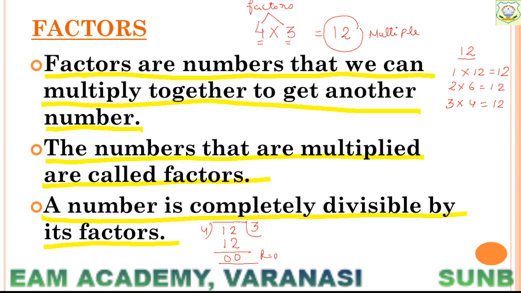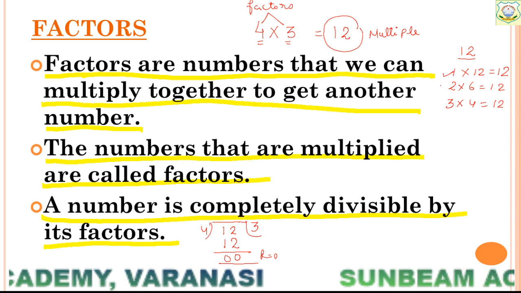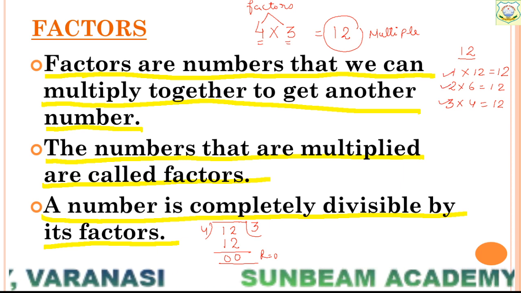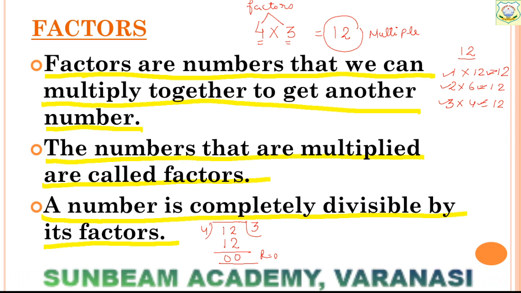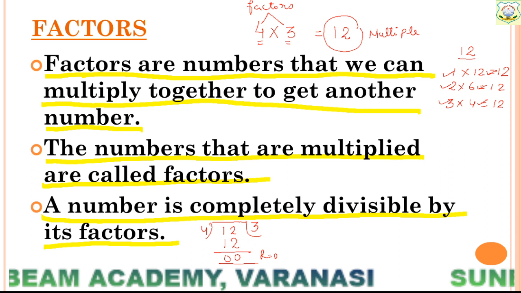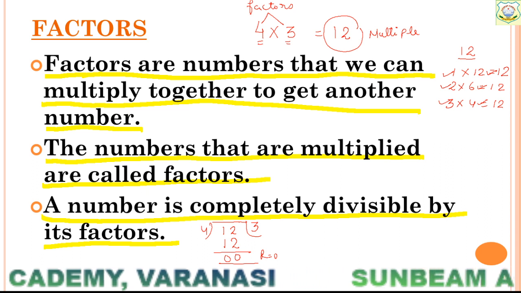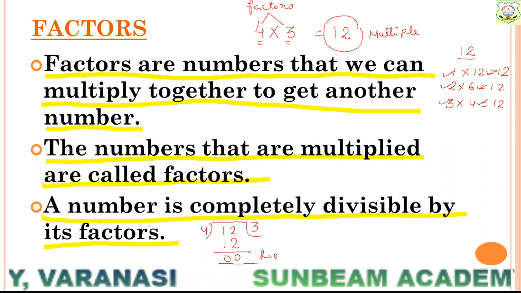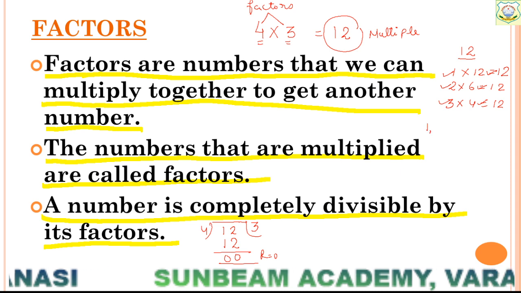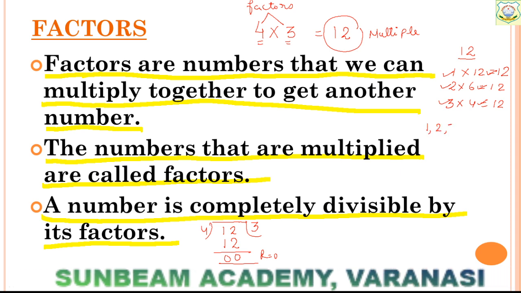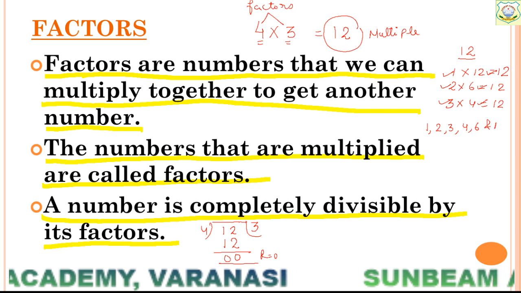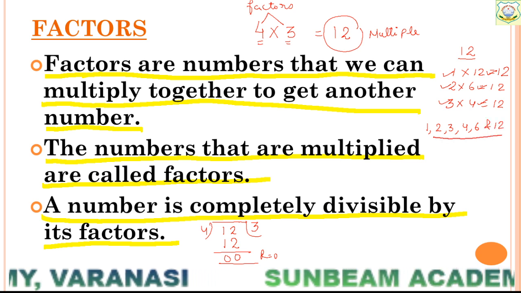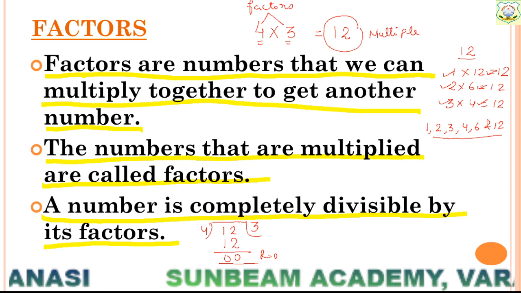So now you can see here 1, 2, 3, 4, 6 and 12. How many factors are there of 12? 6. Total 6 factors are there. What are they? 1, 2, 3, 4, 6 and 12. They all are the factors of 12.